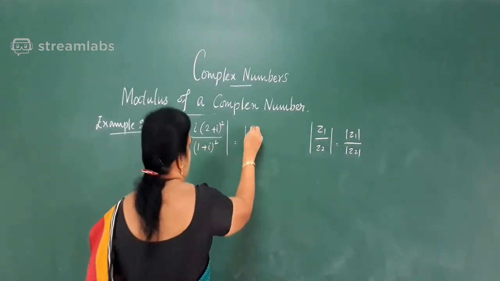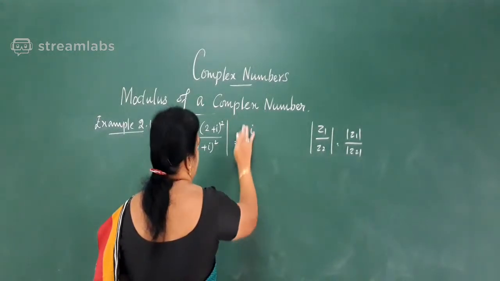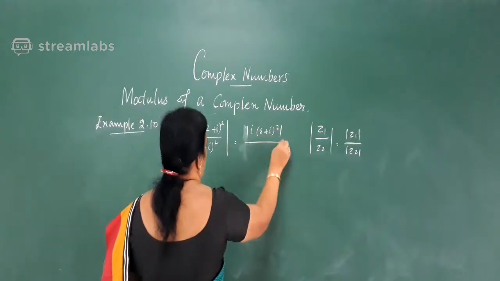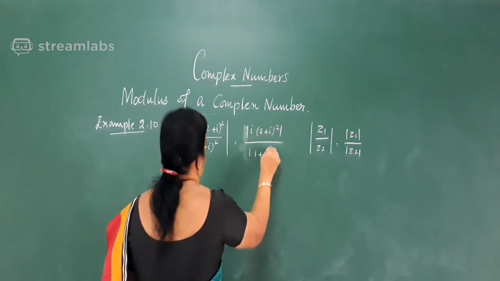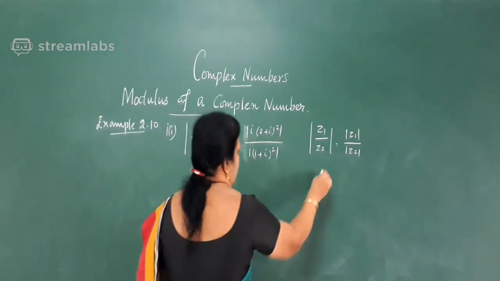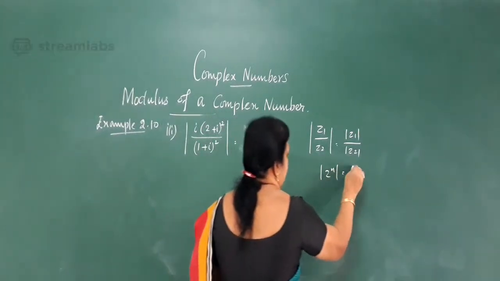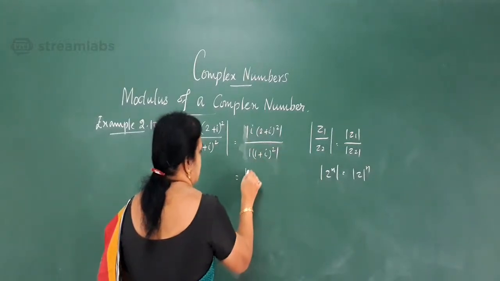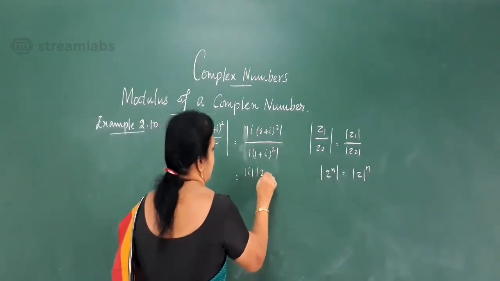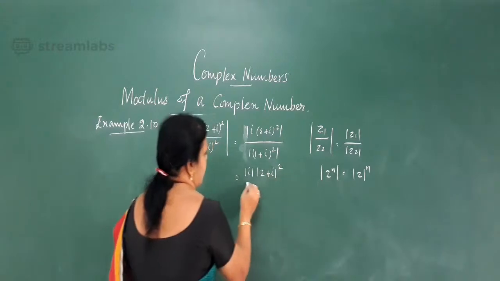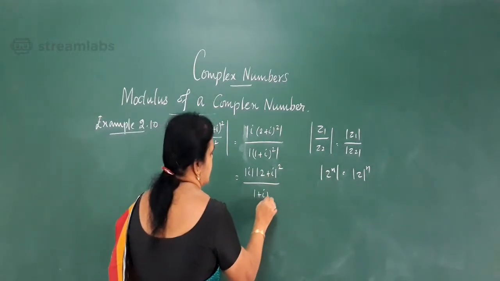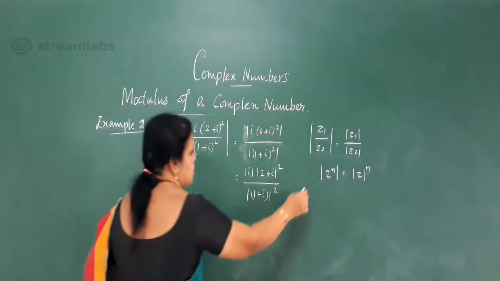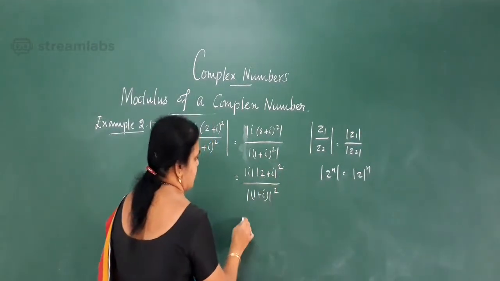First we split this: i into 2 plus i whole square by 1 plus i whole square. By using this property, you just split this: i, 2 plus i whole square by 1 plus i whole square. Okay, by using this property, I change this.